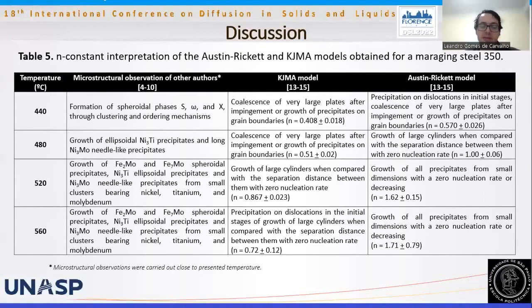However, complementary measurements should be performed to confirm the morphology of the precipitates in the material studied.